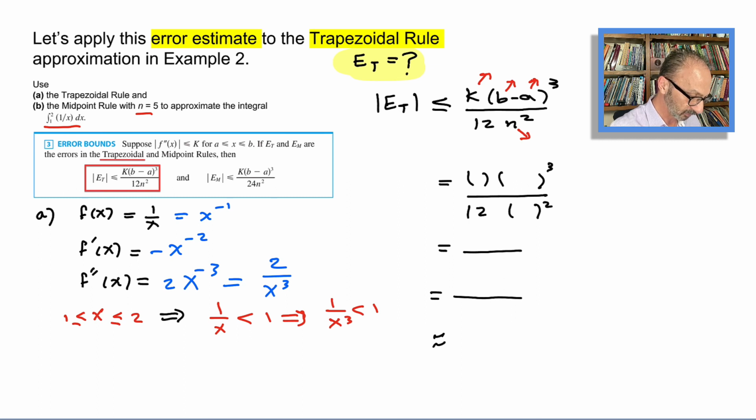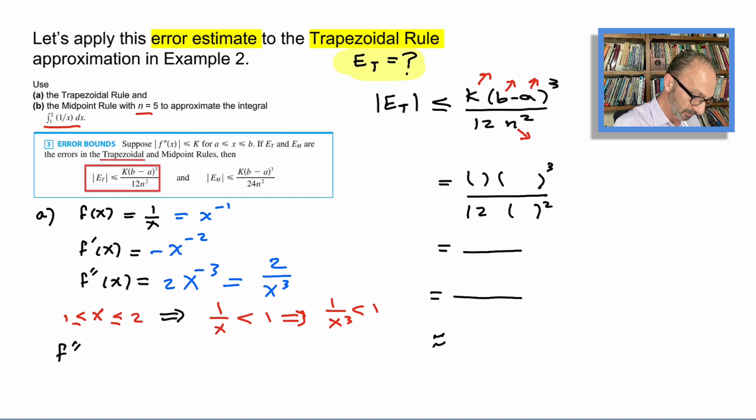Going back to our formula, we're trying to get this part right here, the k part. To find the k part, I am going to go with the following.